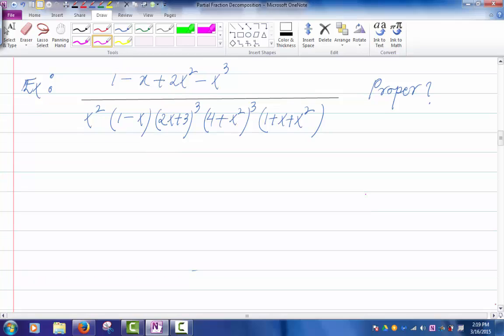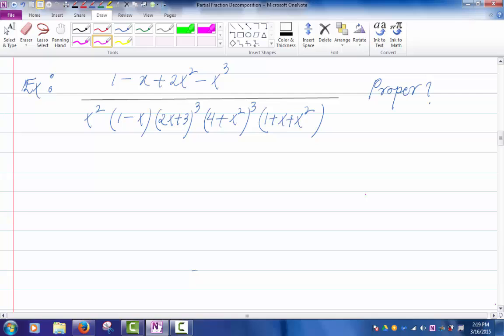The denominator is already factored out. Now, x squared. Is x squared a quadratic factor, or is it a linear factor with multiplicity 2? Well, it's got to be a linear factor with multiplicity 2, because x times x, right? x squared is not an irreducible quadratic. It is reducible. You can write x squared as x times x.